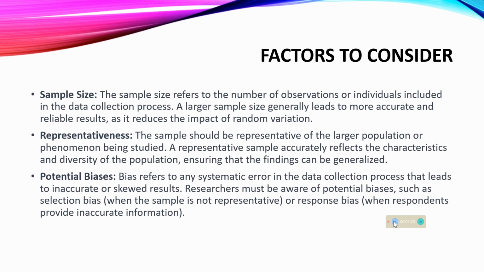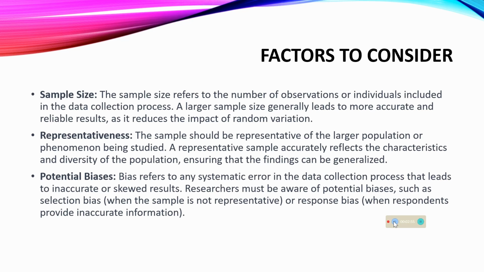Similarly, if you take the example of time series data, if you're collecting data on GDP of your country from the year 1990 to 2022, so the sample size in that case would be 33, because you are having data on 33 years. The second factor is representativeness.